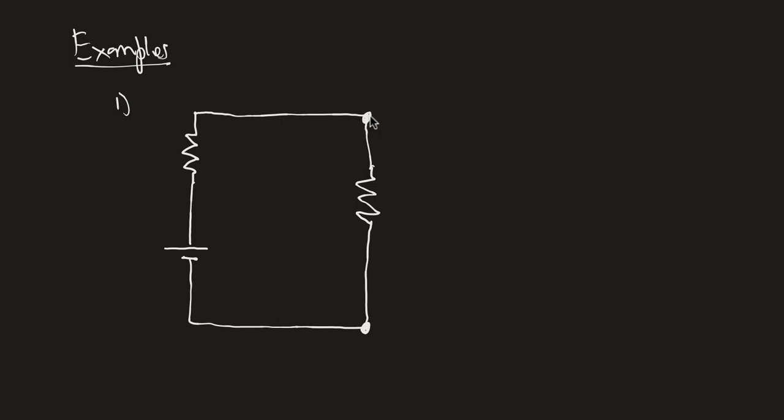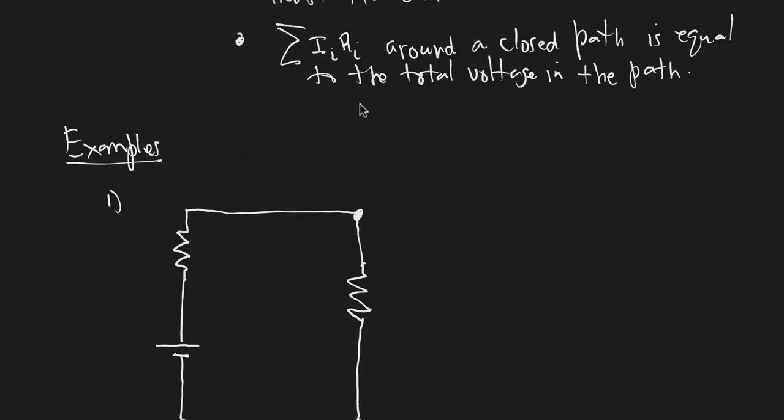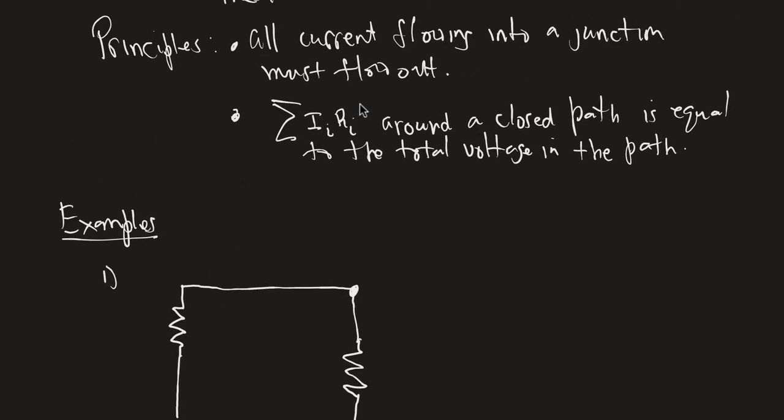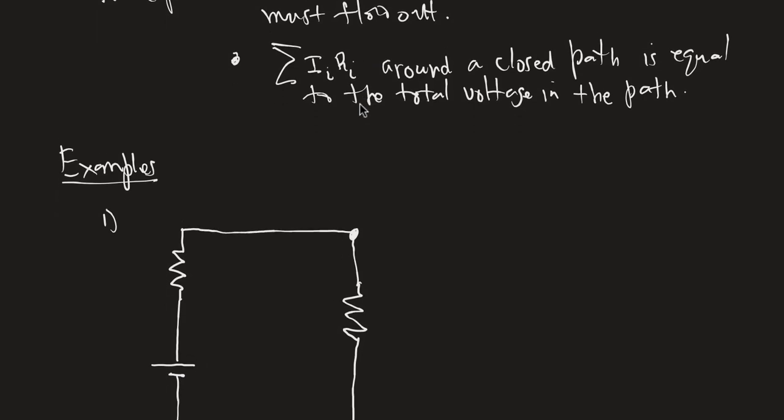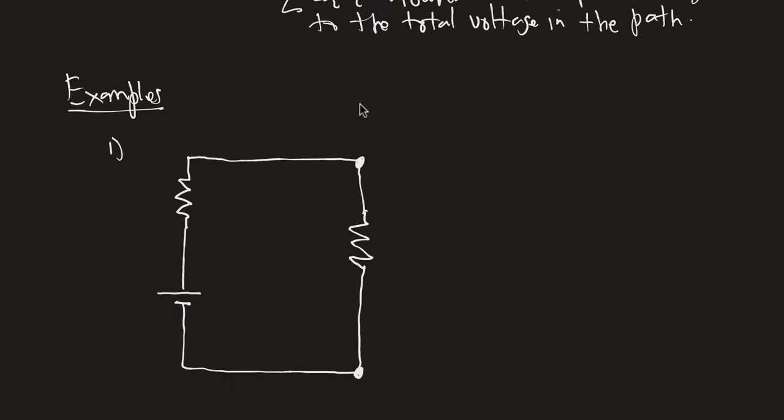Now for me to call this a junction, remember we have to have at least three paths there. So I have two, so I have to connect another path here before I can call it a junction, and that's what we're going to do. We're going to go here and down.